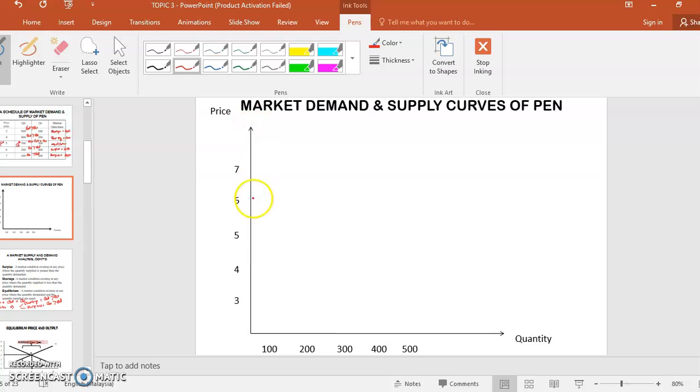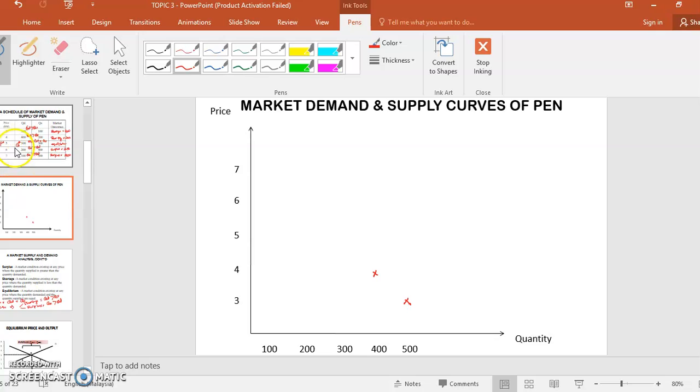This is your graph paper. So you buat scale 3, 4, 5, 6, 7 and 100, 200, 300, 500. At 3 ringgit, quantity demanded is 500. So here. At 4 ringgit, quantity demanded is 400.